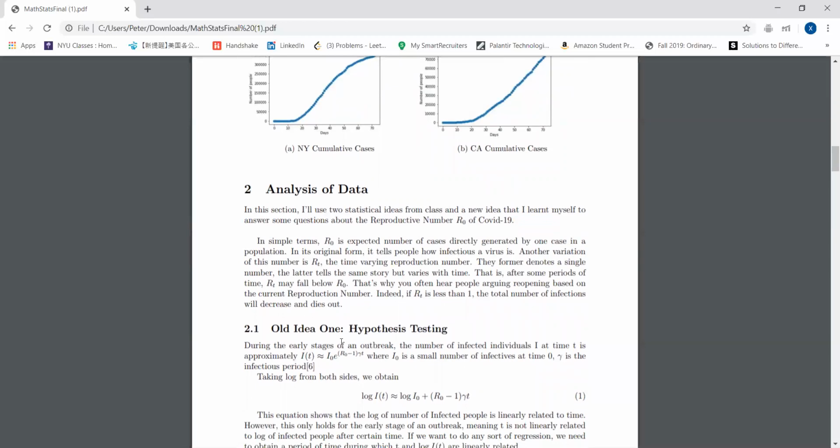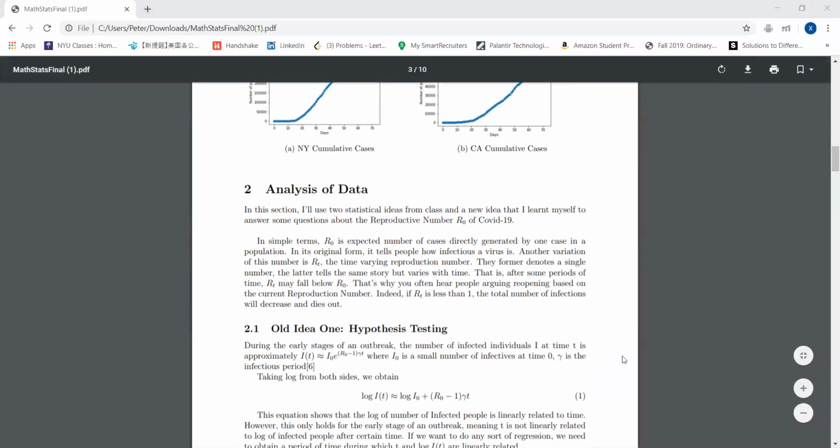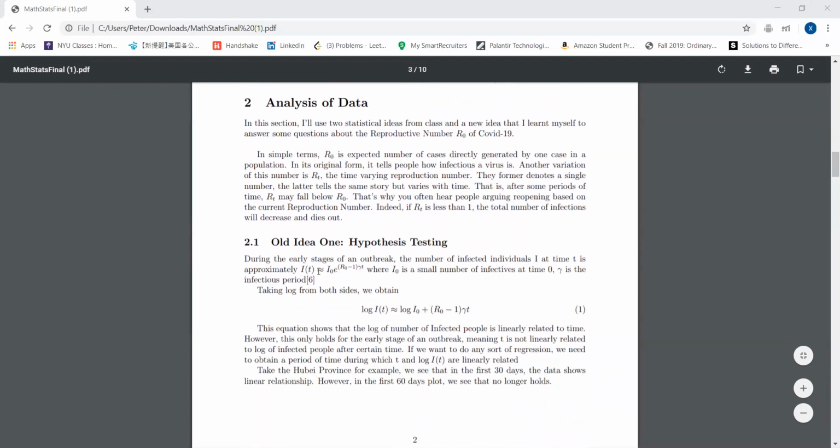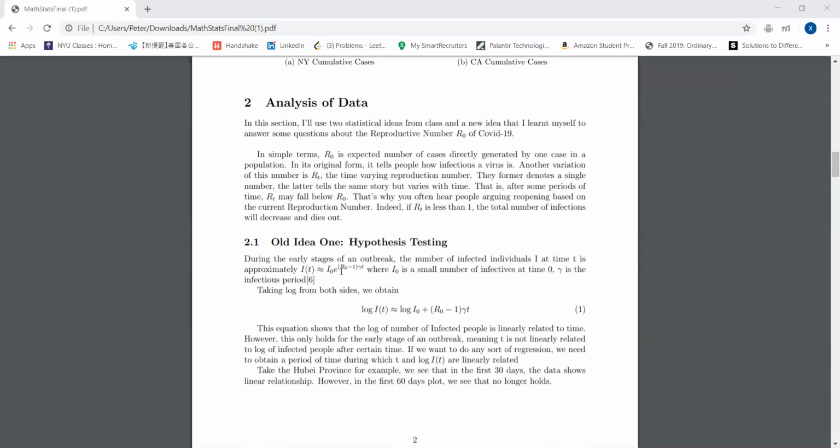Our intuition is actually backed by a scientific paper, where it says that during the early stage of an outbreak, the number of infectious individuals in the population is exponentially related to time, in this case, number of days.